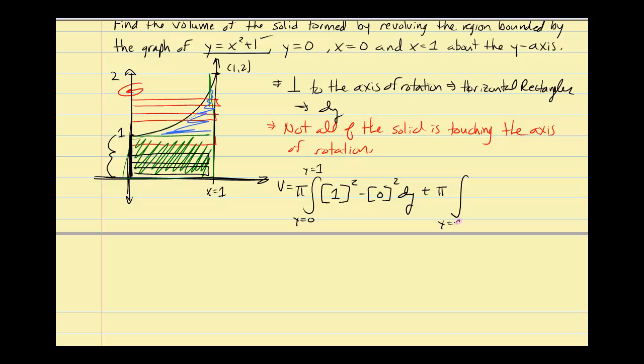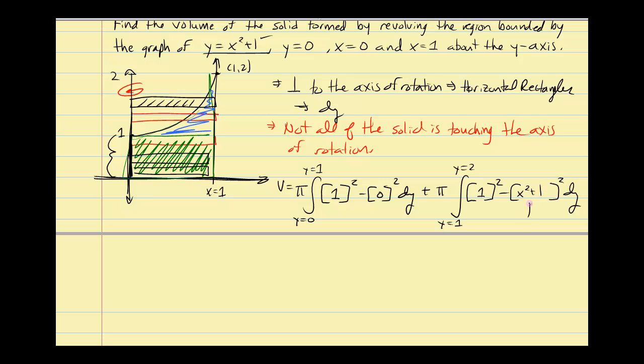I want to figure out what's going on here. Well, I need my outer radius, which is still 1, but now I need to subtract out that inner radius squared, and of course that'll be dy as this incremental width. So my outer radius is saying this rectangle has a length of 1, but now what I need to do is chop off this piece that I don't want from there. Well, that piece is this curve y equals x squared plus 1.